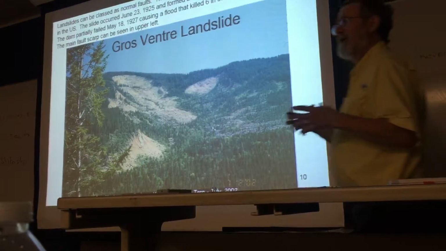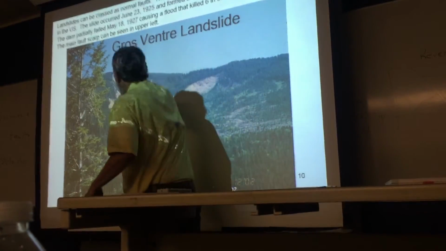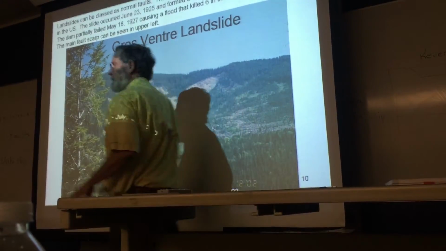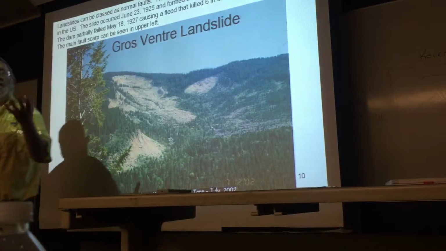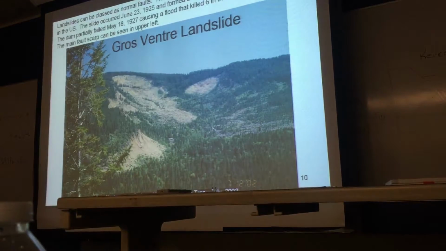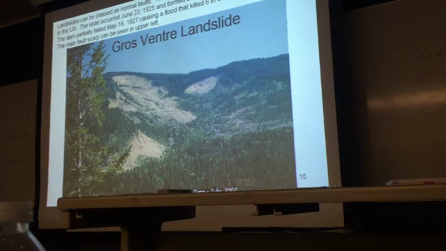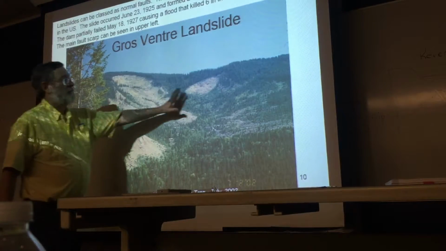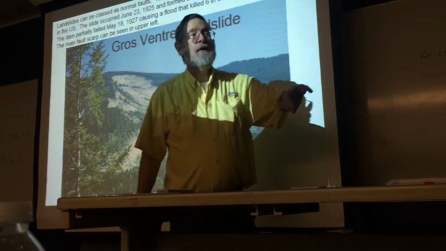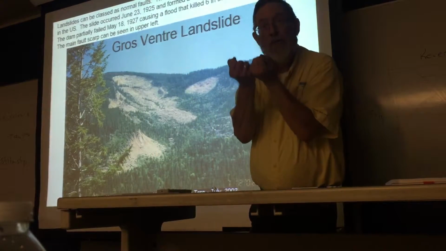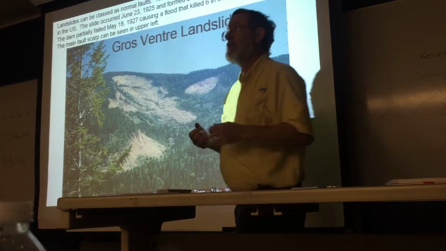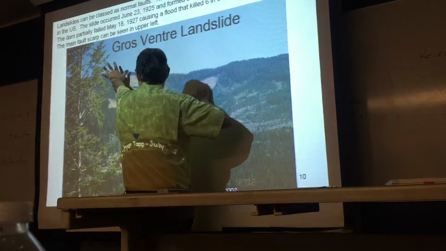This exposure here is the Tensleep Sandstone, which is a very porous sandstone, an Aeolian deposit. There had been an extended period of rainfall that filled the entire system's porosity with water, and the weight exceeded the strength of the material. So there was a landslide that broke loose here.